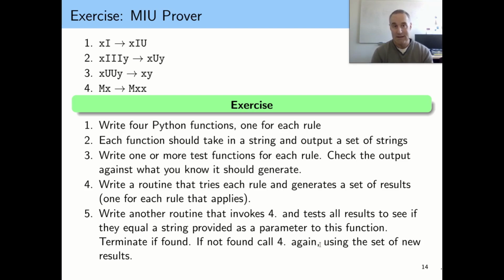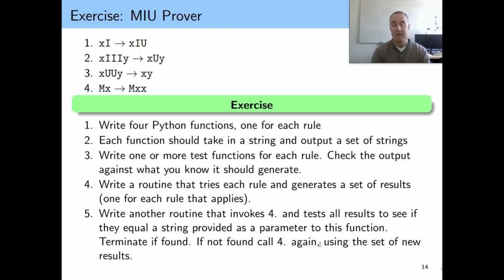So they should take in a string and output some kind of collection of strings, right? Because remember that rules 2 and 3 have the possibility of applying to multiple positions inside a given string.